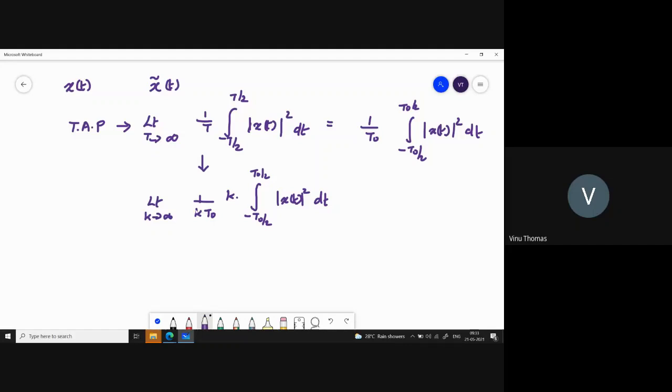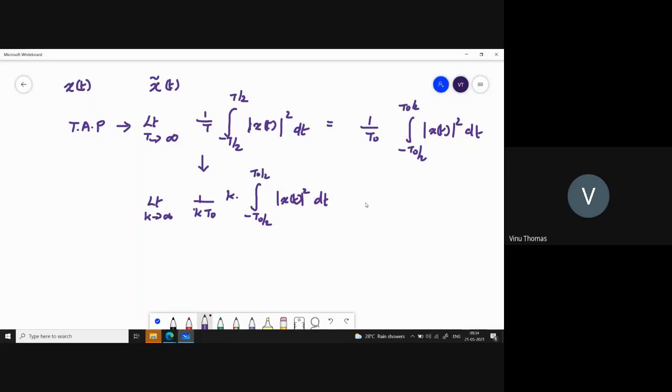So therefore we can cancel k and k, and this becomes limit k tending to infinity of k times the integral from minus T0 by 2 to plus T0 by 2 of modulus of x of t whole square dt, divided by k T0. If I put k equal to infinity here, this becomes infinity by infinity. You apply L'Hospital's rule, so the numerator becomes 1 and the denominator becomes T0.